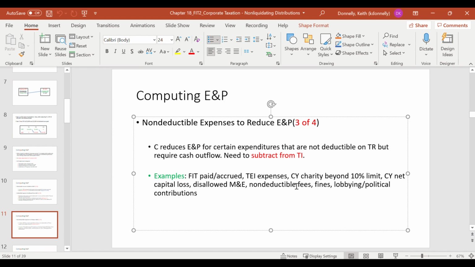For taxes, however, for political purposes and public policy, we would not allow those. But that's for taxable income, not for economic income. So that's the idea with the third category here. You didn't get the deduction on your tax return, but you should get it for E&P. Therefore, we have to subtract from taxable income.